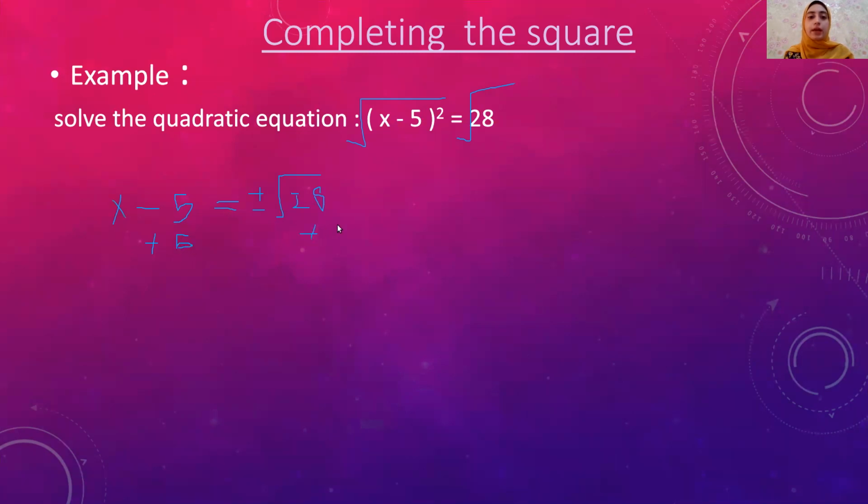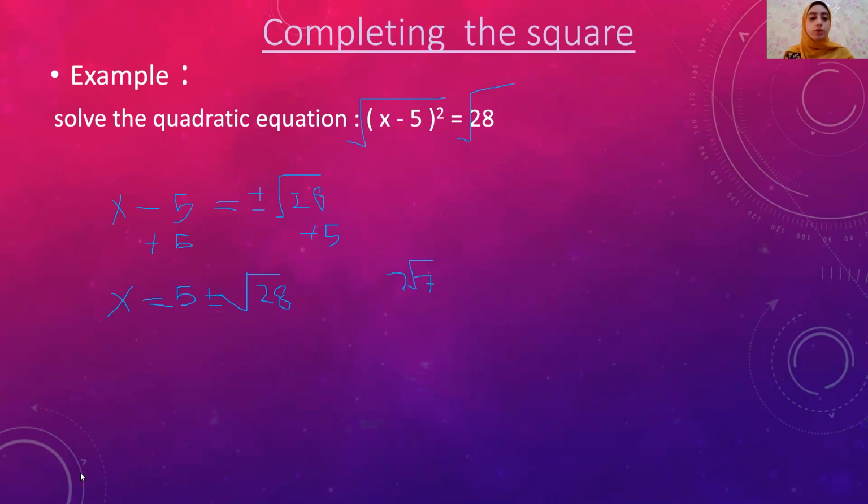Add 5 here and add 5 here. Now, x equals 5 positive or negative square root 28. Right? Okay. Now, root 28 on your calculator would be 2 root 7.